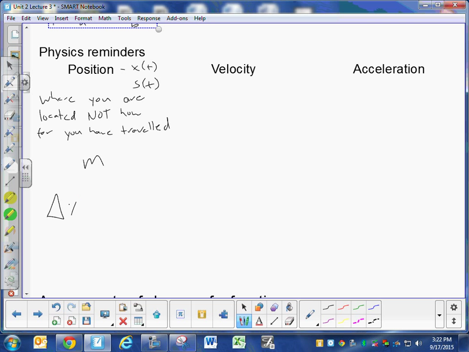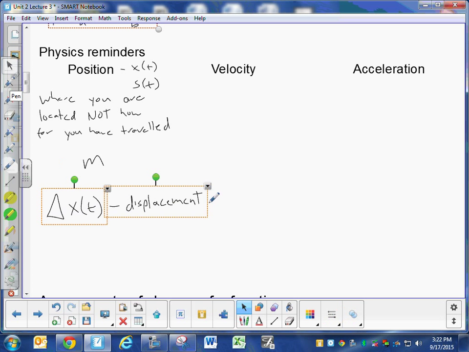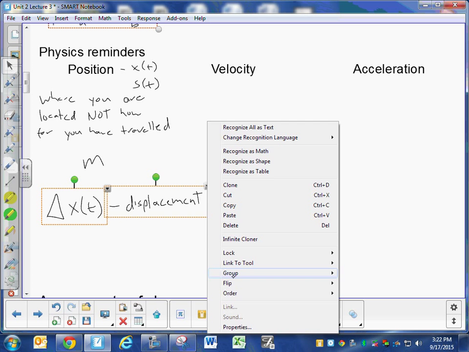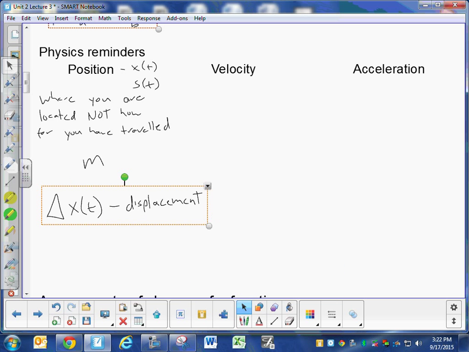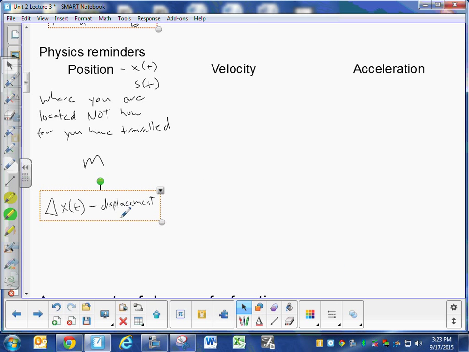The change in my position over the course of some time interval, we say is our displacement. Okay.